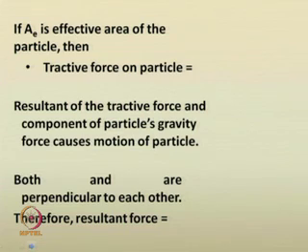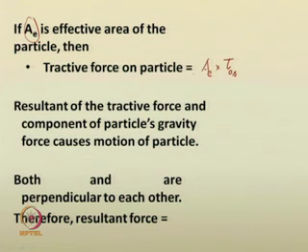So, if A is the effective area of the particle, let us suggest that the effective area of the particle is A e. Then the tractive force on the particle will be nothing but the effective area of the particle into the unit tractive force on the side slopes.